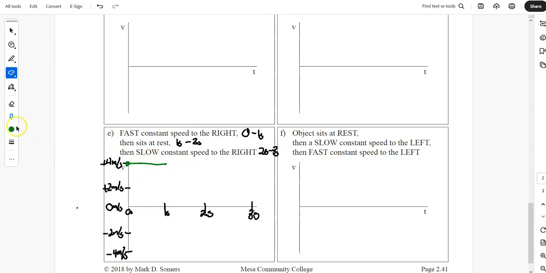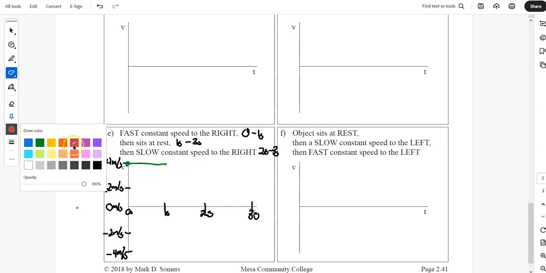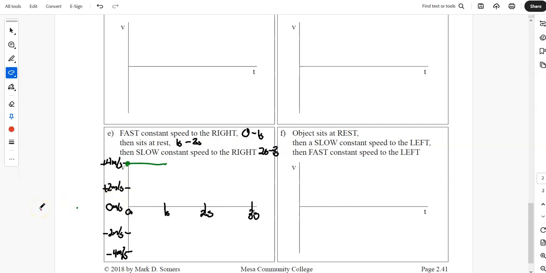Now, what's going to happen is we represented not moving as red in that last Microsoft Whiteboard. So now, from the 1 second mark to the 2 second mark, it's standing still.